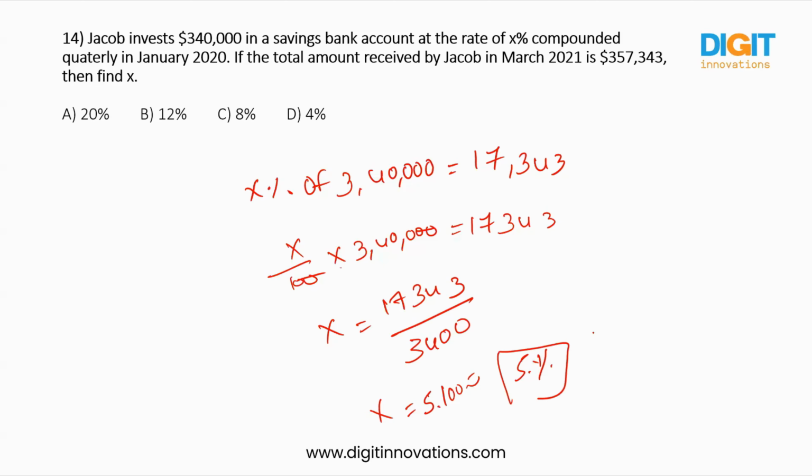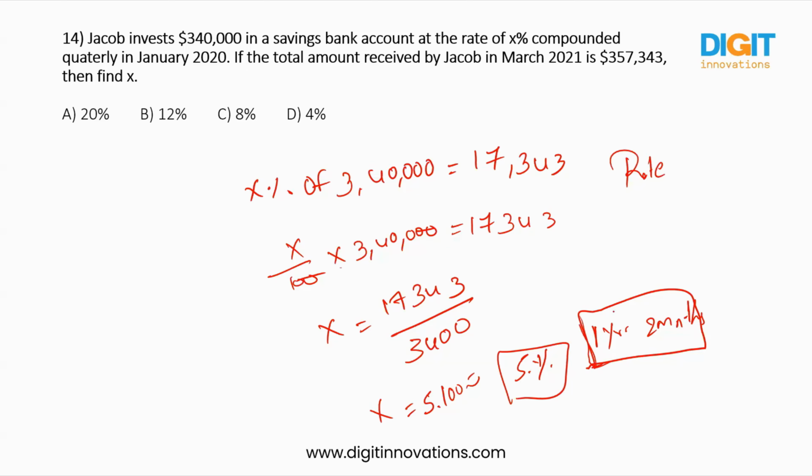So it is for 1 year, 2 months. When you see carefully, in simple interest the rate of interest would be the same for every year. But when it comes to compound interest, for every year the interest keeps changing.